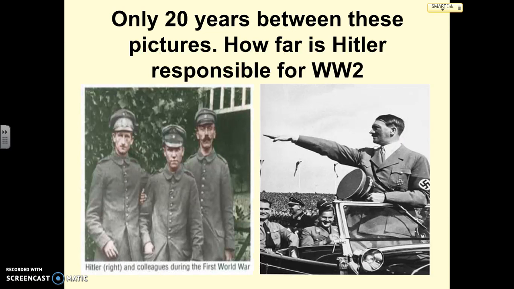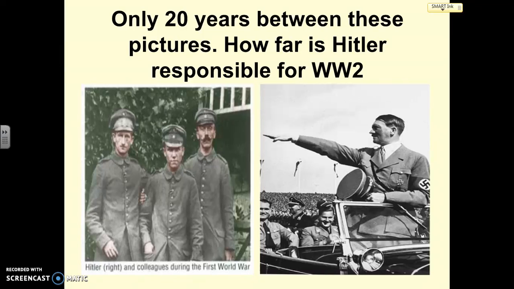There's 20 years difference between these two pictures. The one on the left is Hitler and some of his fellow German soldiers during World War I, and on the right is Hitler at his height during World War II. The question becomes how much is Hitler responsible for World War II?